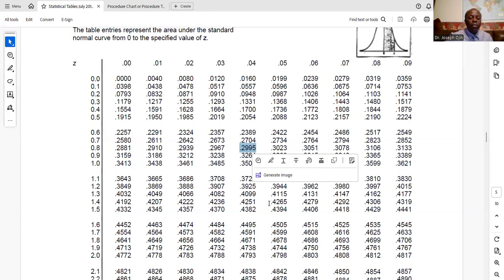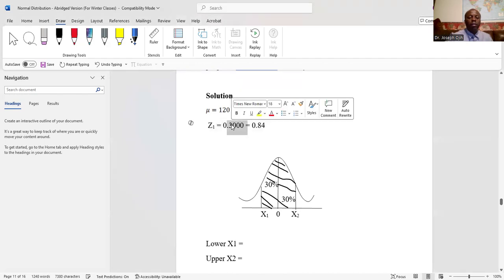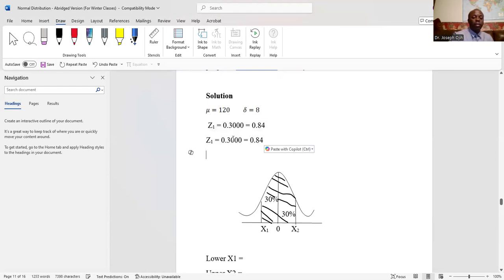By symmetry, since it's 0.3 on both sides, Z2 will also be 0.84.